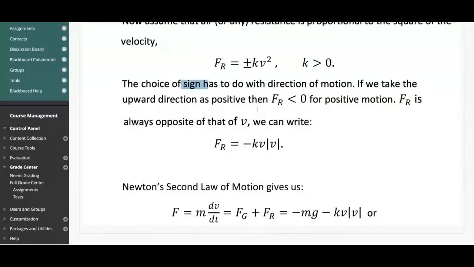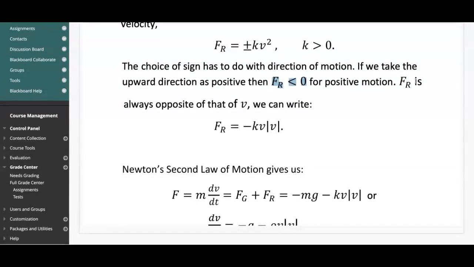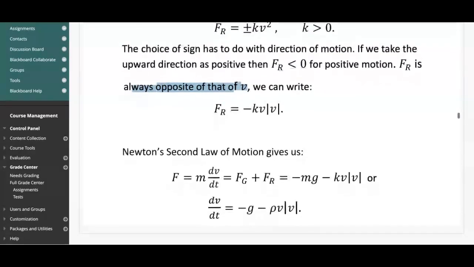If we take the upward direction as positive, then when the resistance is less than 0 it will be positive motion. So the resistance force is always opposite of the velocity because it's resistance.